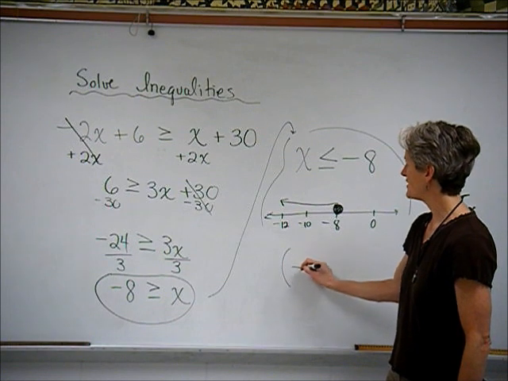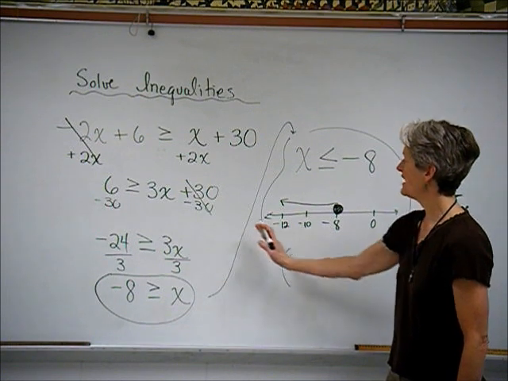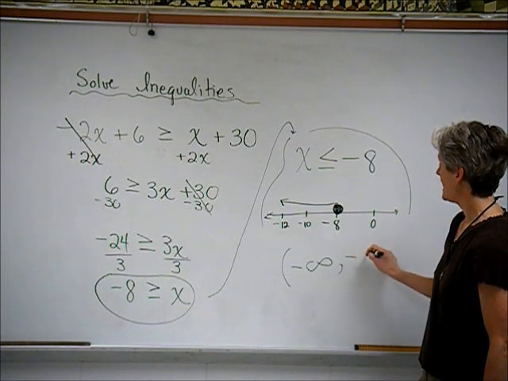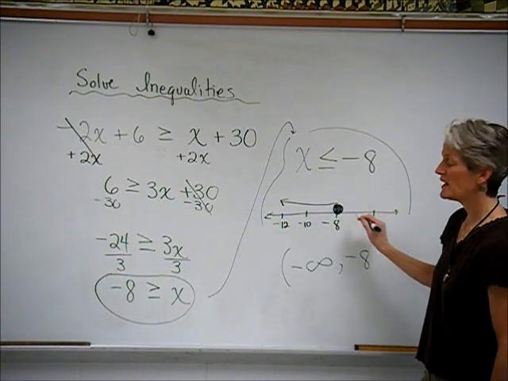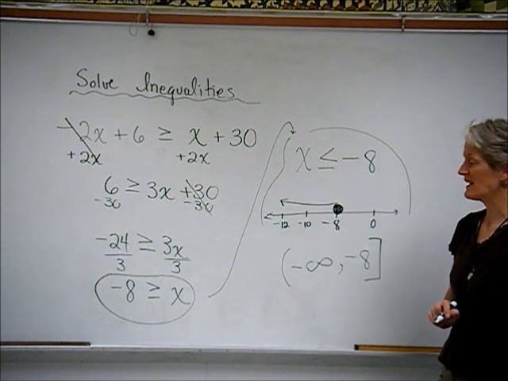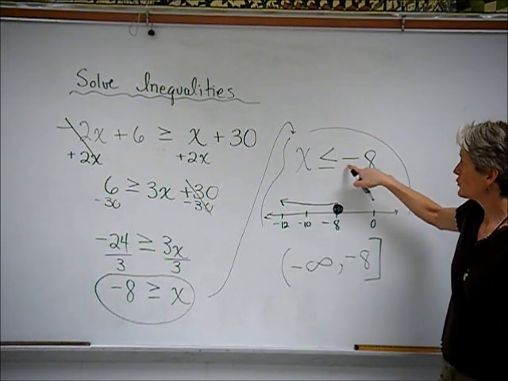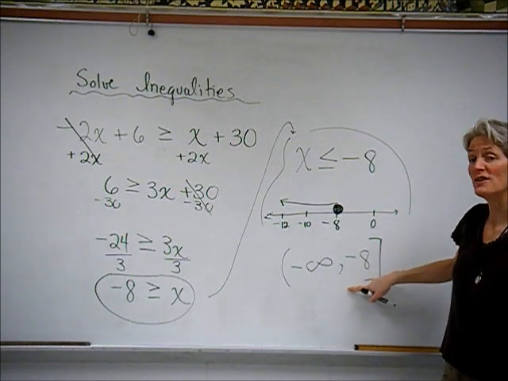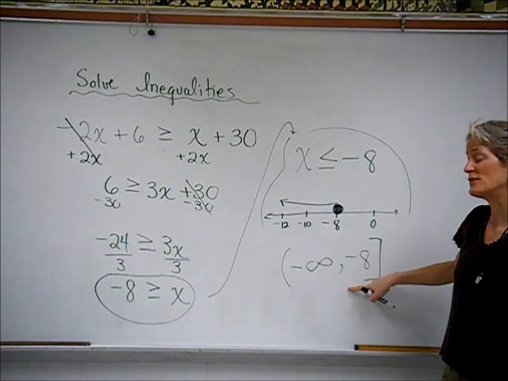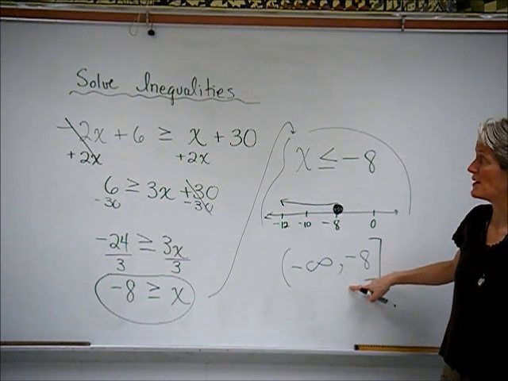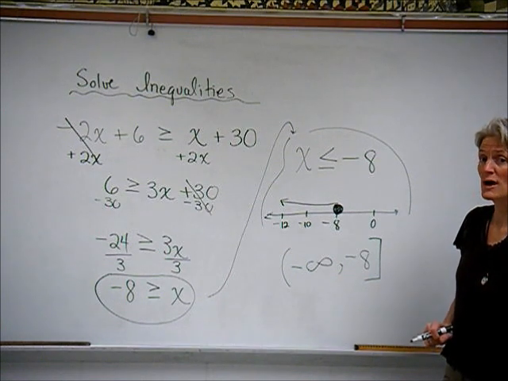Soft parentheses, negative infinity, all the way up to negative 8, and it's including negative 8, so I'm doing a hard bracket. So I could write my solution like this as an inequality, or I could write it using my cool interval notation. That looks pretty fancy. I'm impressed by that. How are we? Are we good?